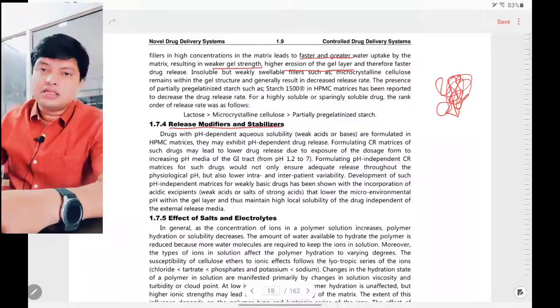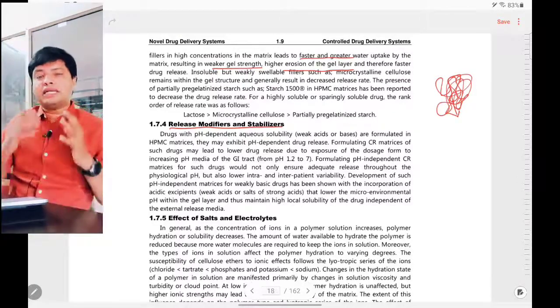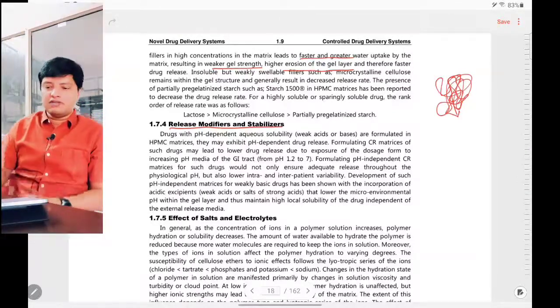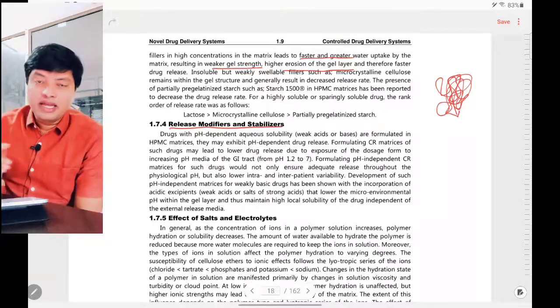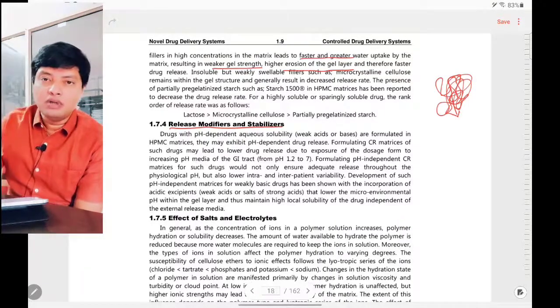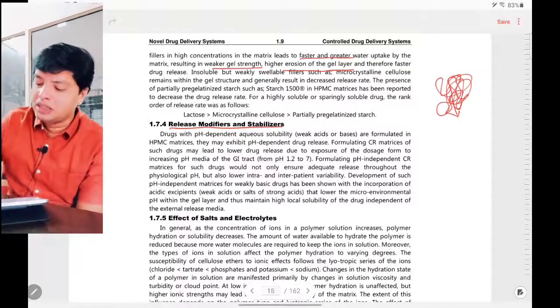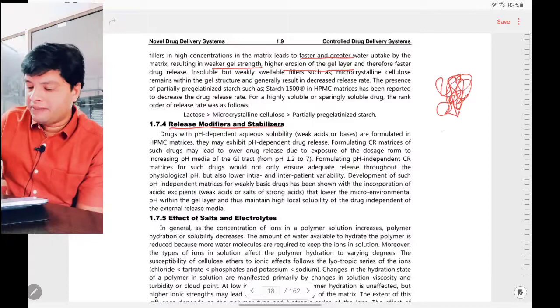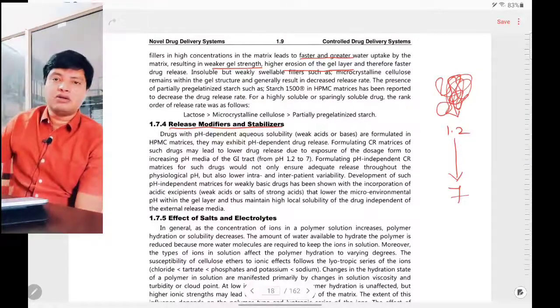Release modifiers and stabilizers. What is the effect of these release modifiers and stabilizers in the formulation of a controlled release drug delivery system? If your drug has pH dependent release, here I am quoting the pH dependent release, if the drug solubility depends on the pH, there will be a problem, because in our GIT the pH will be continuously increasing from 1.2 to 7, or you can say 7.2.